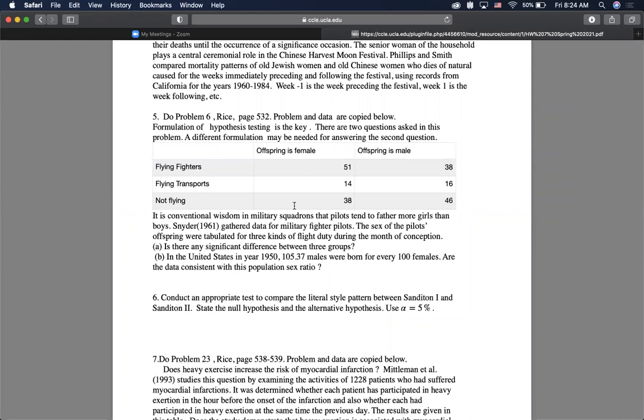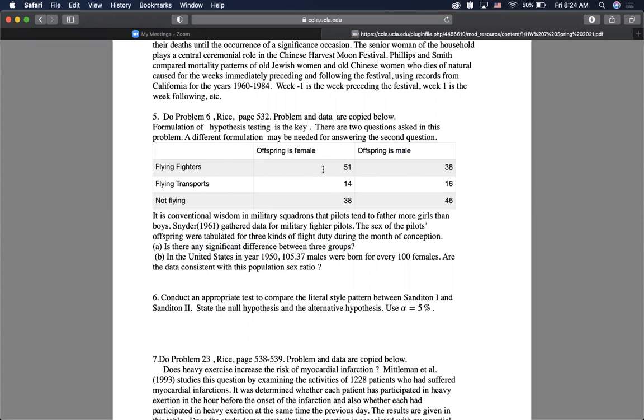For this one, although it says is there a significant difference between the 3 groups, we don't know whether this number is going to be fixed, because it doesn't make sense to fix the number of female and male in this category.